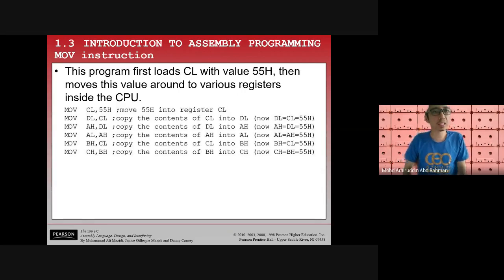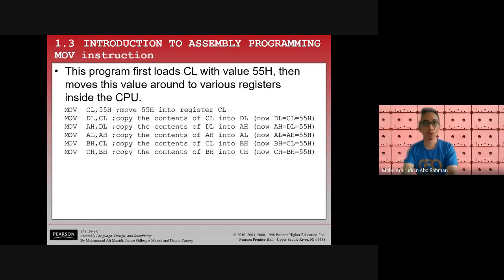Let's say in this program, CL, which is the lower 8 bits of the 16-bit register, we load with the value of 55H. H stands for hex. Remember that. We program the assembly language in hex because it is 16-bit.